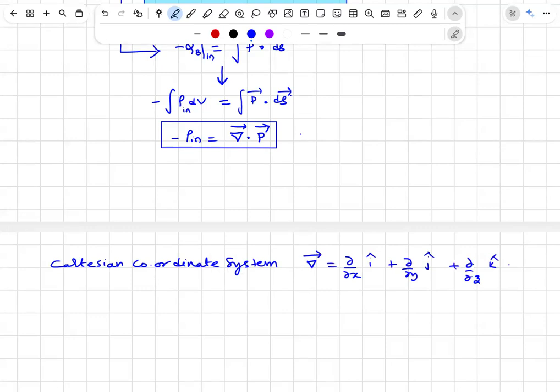Whereas in cylindrical and spherical coordinate systems, it is different.